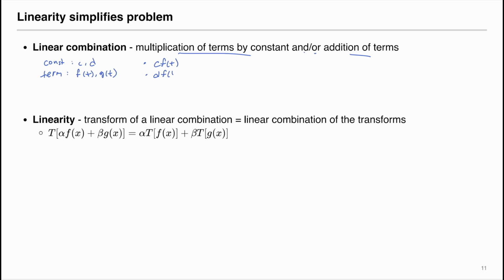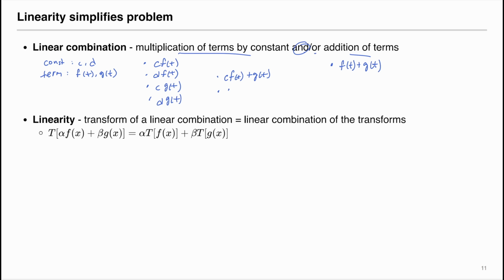d of f of t is a linear combination. c of g of t is a linear combination, or d of g of t. These are all examples of linear combinations. And for addition of terms, I can have f of t plus g of t. That is a linear combination. And if I use the AND condition, then I can have c of f of t plus g of t can be an example.